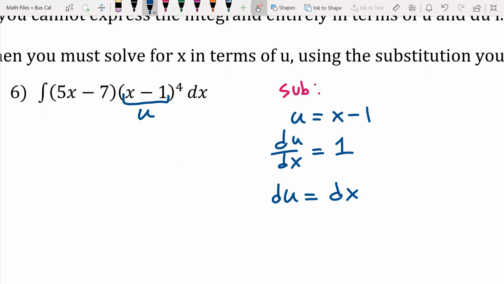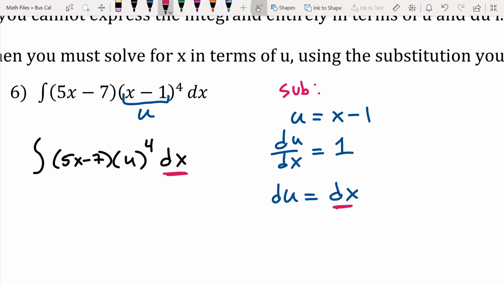Let me rewrite what we have so far. We have the integral of 5x minus 7 times u to the 4th dx. The only thing I can see that we can get rid of is this dx and that dx. Those are the only things that match up here. So if I rewrote it again, you'd have 5x minus 7 times u to the 4th du.